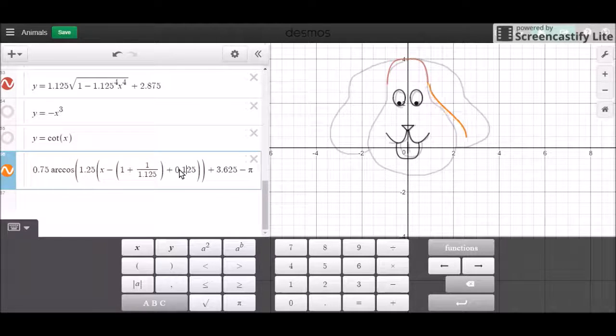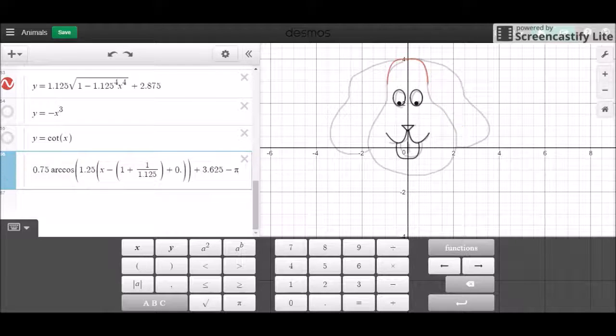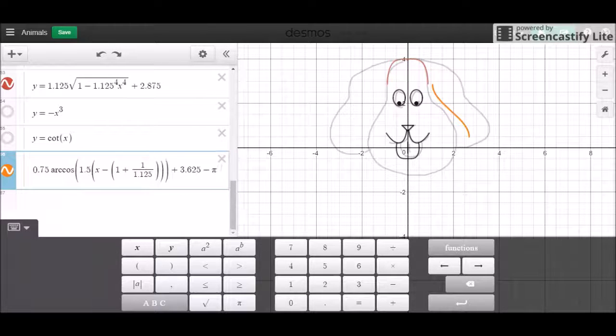Is that actually going to throw off the calculations? It does. That's annoying. Undo all this.